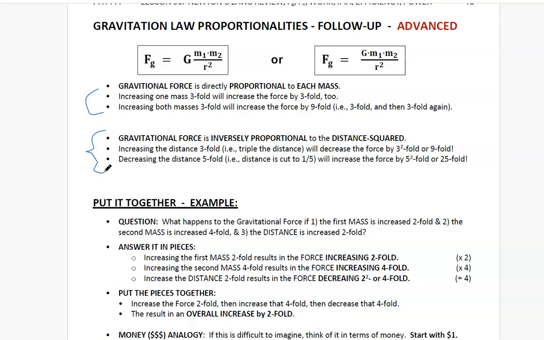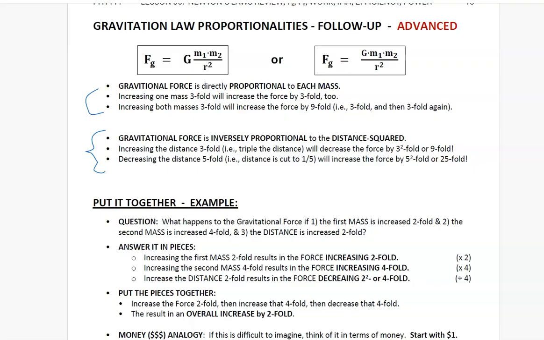So for the example here, decreasing the distance fivefold means I'm cutting the distance down to 1/5 of what it used to be. I'm bringing them much closer together. That will increase the force, but not by fivefold, by 5 squared fold, or 25-fold. It's a giant increase or decrease in force when you change the distance.